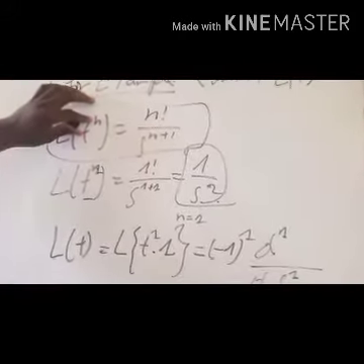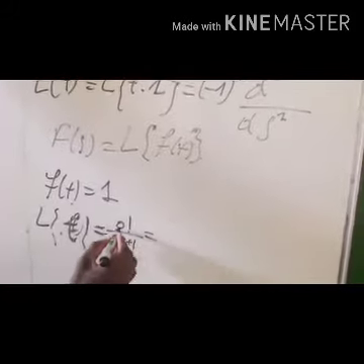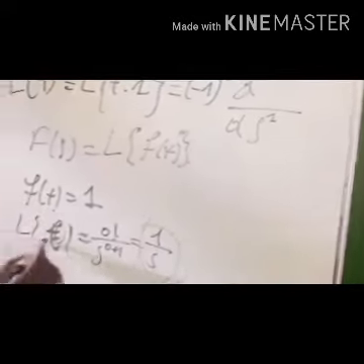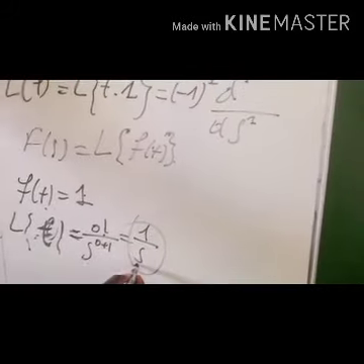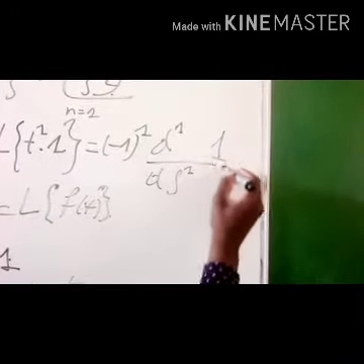So we get 0 factorial divided by s^(0+1), and 0 factorial is equal to 1, so it is 1 over s. The Laplace transform of 1 is equal to 1 over s. So we put F(s) equal to 1 over s.